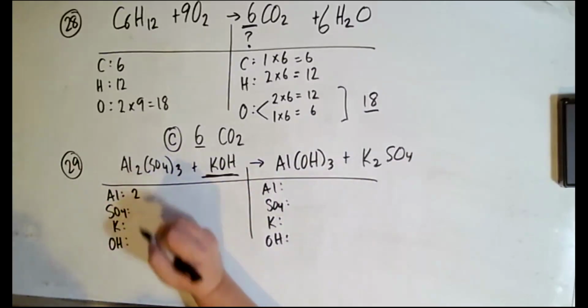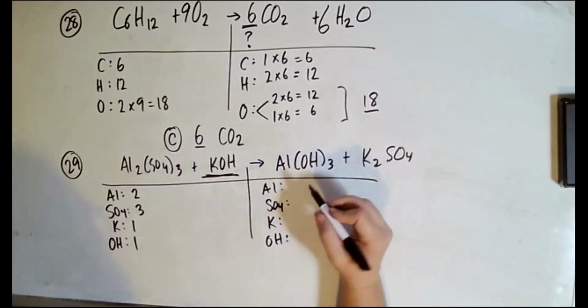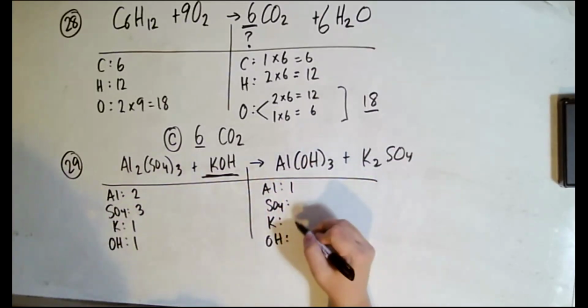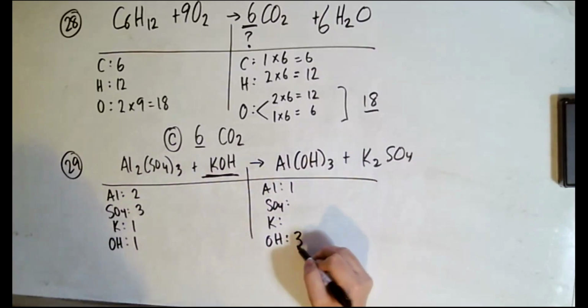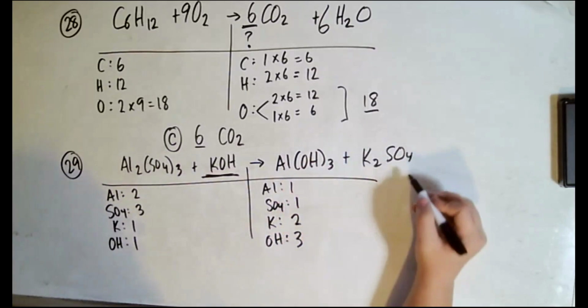Okay, and we have 2 aluminums, 3 sulfates, 1 potassium, 1 hydroxide. We have 1 aluminum, we have 3 hydroxides, 2 potassiums, and 1 sulfate.